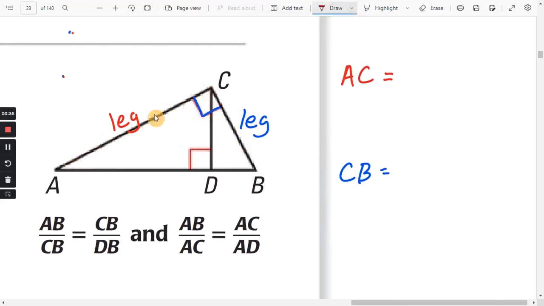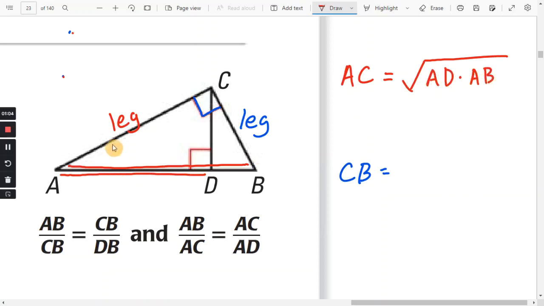For this leg here that I wrote in red, this is AC, and that's going to be the geometric mean of AD and AB. So the geometric mean is the square root of the product, AD times AB.